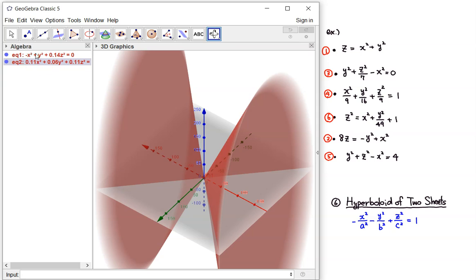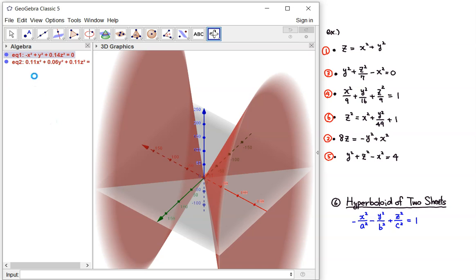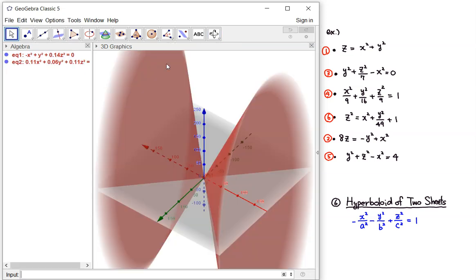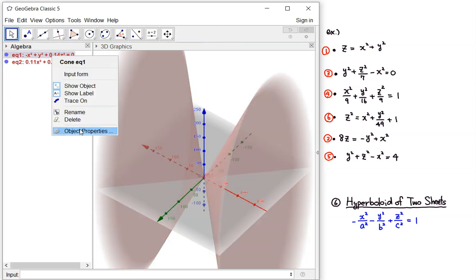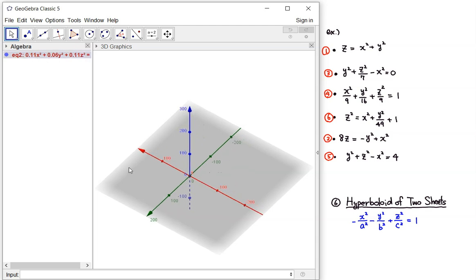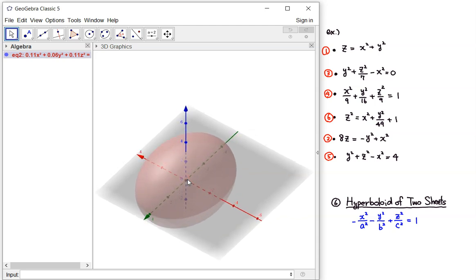I'm going to just get rid of the first one. Oh, let's see, that's not what I wanted to do. I'm going to just delete that one. All right, so this one, I can't see anything. Maybe I zoomed out too much. It was a little too small.